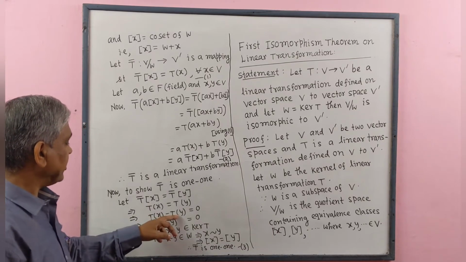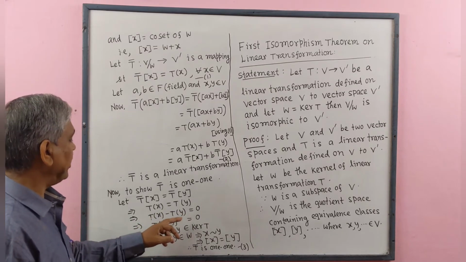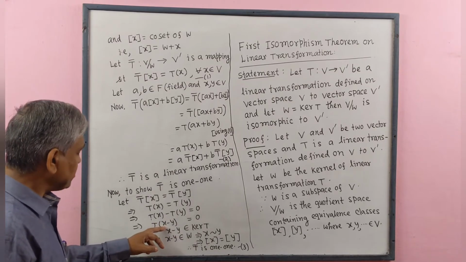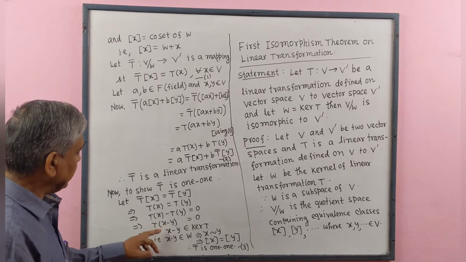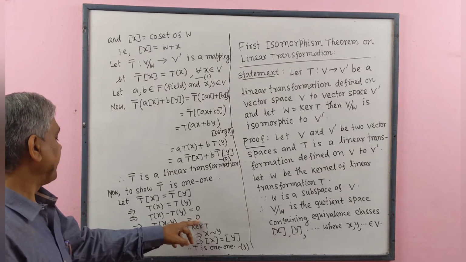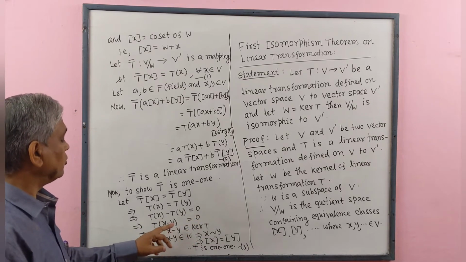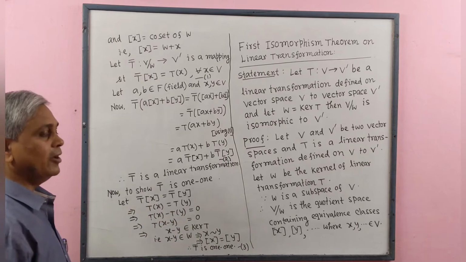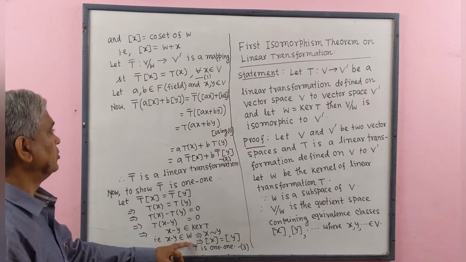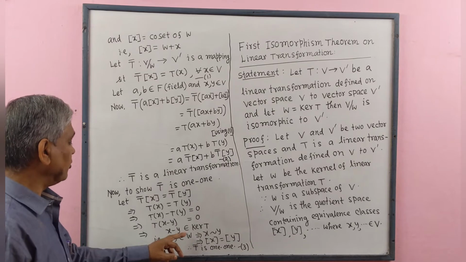Since T is a linear transformation, this means T of x minus y equal to zero vector. This means the image of x minus y is zero vector of V prime. That is, x minus y belongs to kernel of T, and the kernel of T is W. Therefore, x minus y belongs to W.